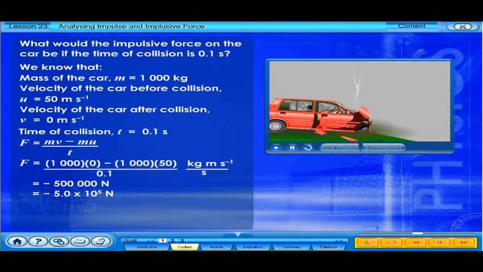The impulsive force exerted on the car if time of collision is 0.1 seconds is 500,000 newtons, that is, 10 times lower than if t is equal to 0.01 seconds.